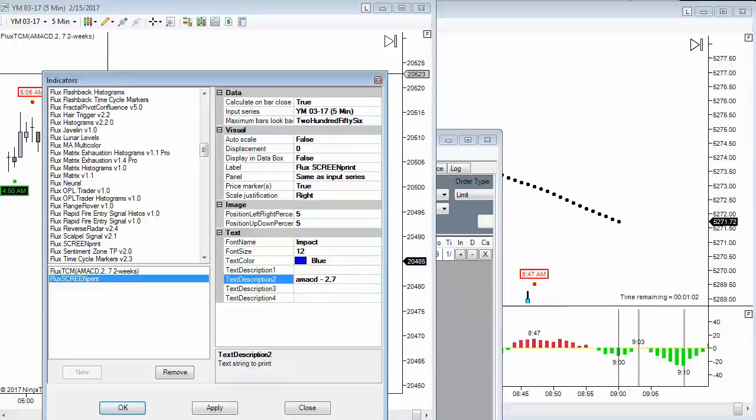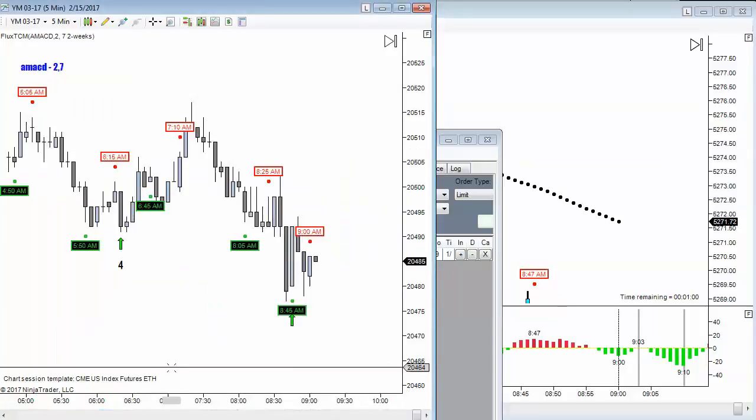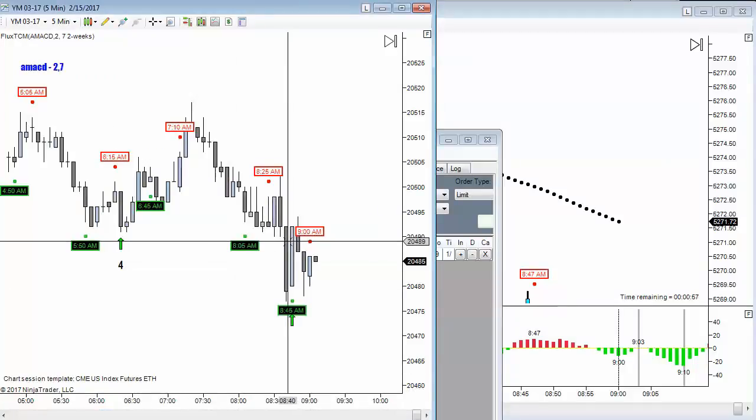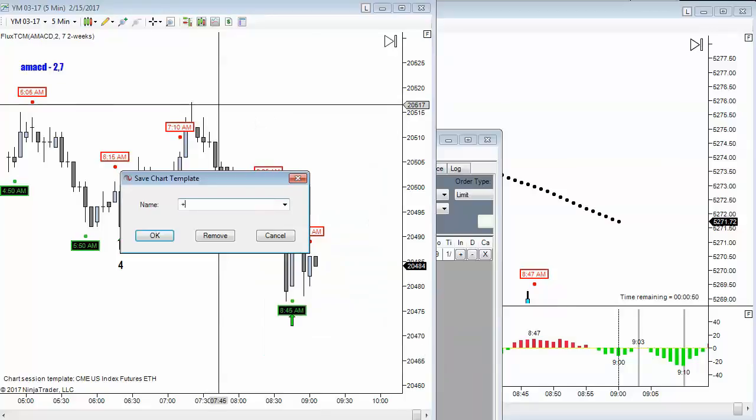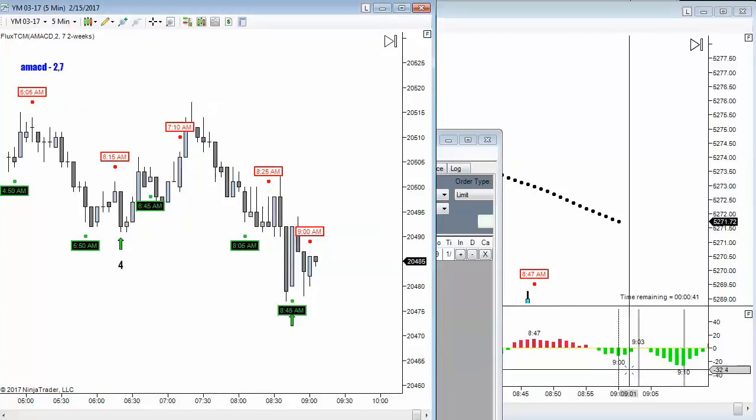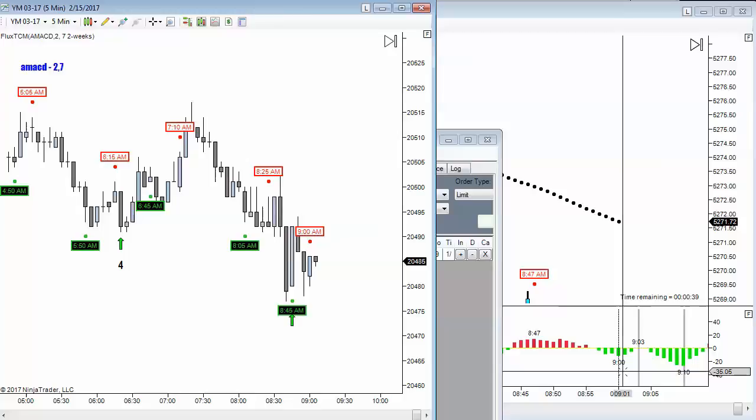This is a Flux MACD 2.7 setting with 2 max weeks. I'm going to save this now, Chris, as a template. I'm going to put underscore Flux temp class.